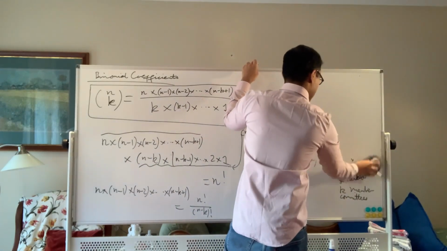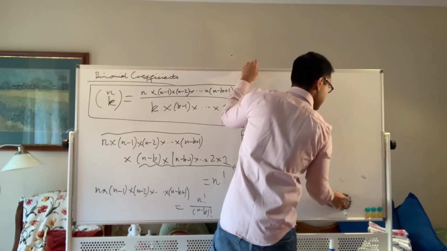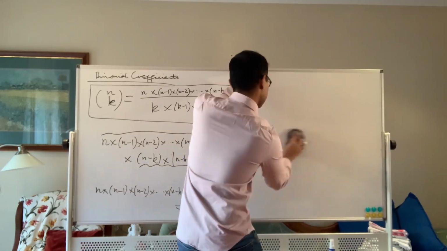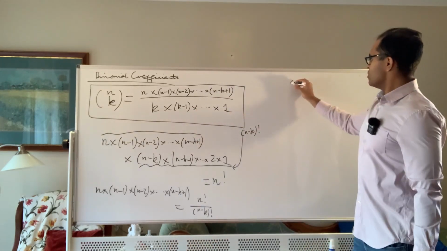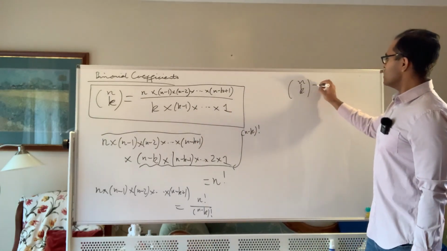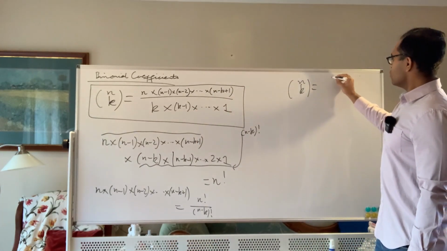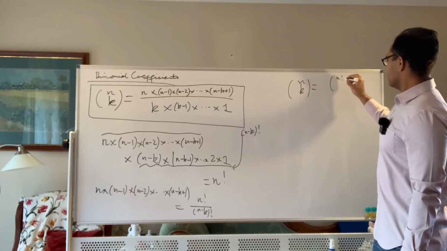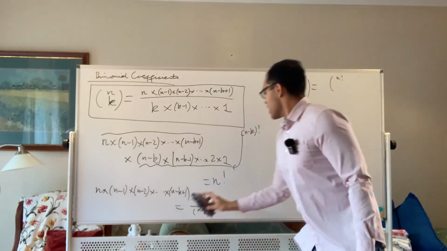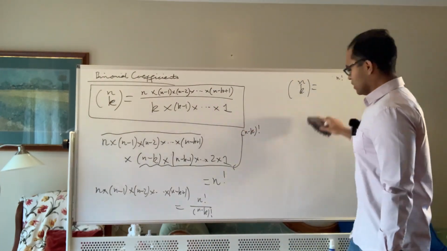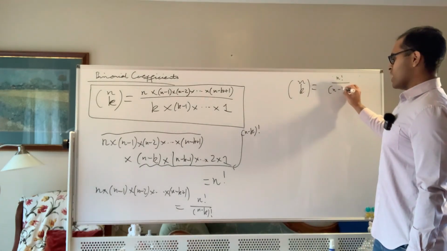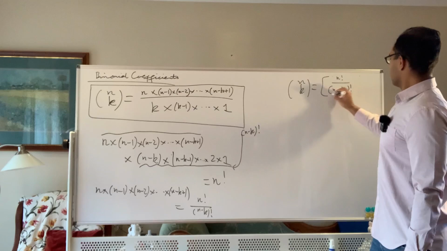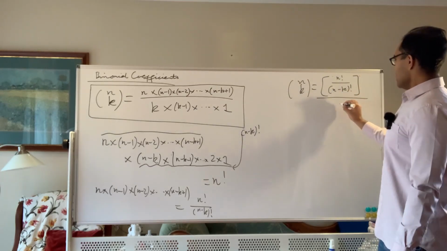It's just what we just figured out, but it's in a more standard notation, and we can write it as follows. And I'm just going to end the video with this formula just to show you. So n choose k is equal to, the top is going to be n factorial over n minus k factorial, divided by k factorial.